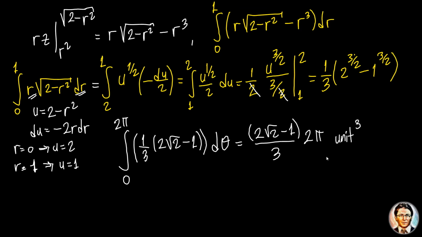This is the volume between the sphere and the paraboloid, bounded above by the sphere.